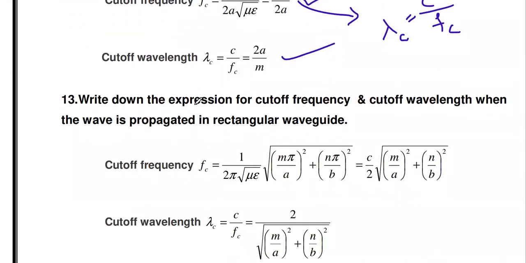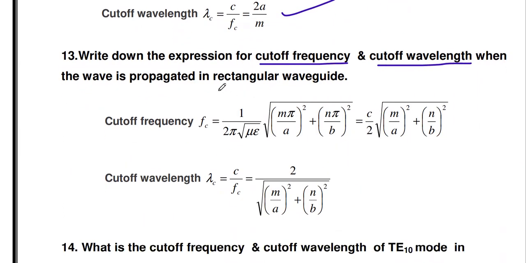Similarly, the next question, write down the expression for cutoff frequency and cutoff wavelength when the wave is propagated in a rectangular waveguide. In a rectangular waveguide, the cutoff frequency fc equals 1 by 2 pi square root of mu epsilon times square root of (m pi by a) squared plus (n pi by b) squared. Or, you take pi squared outside.